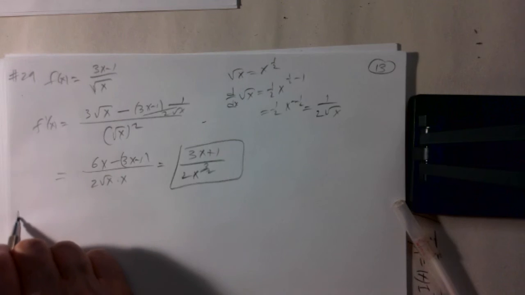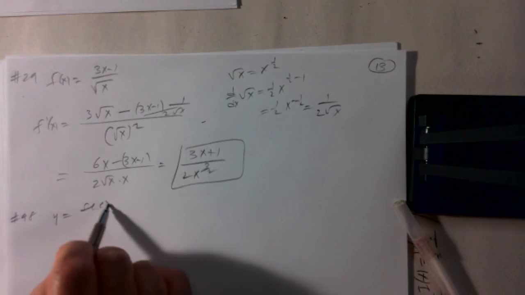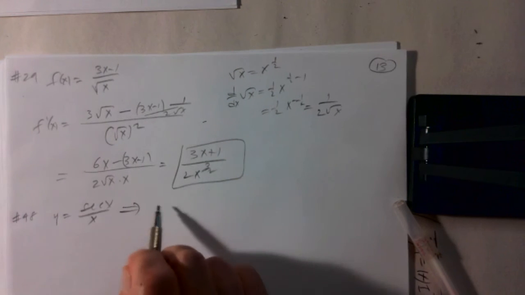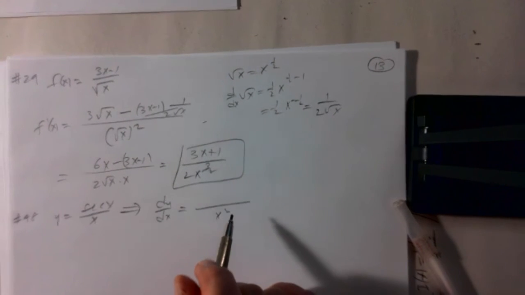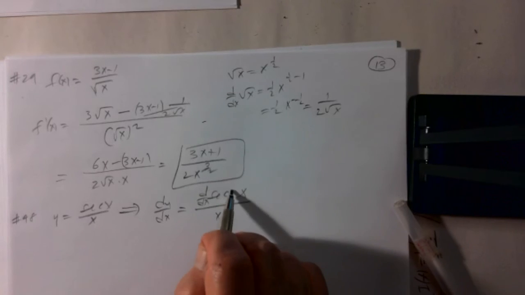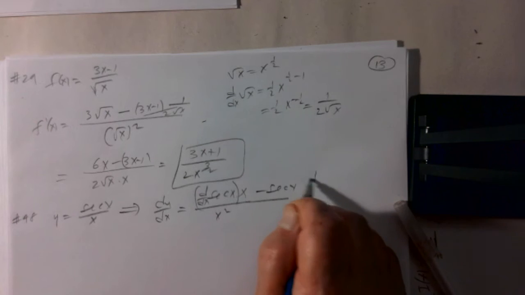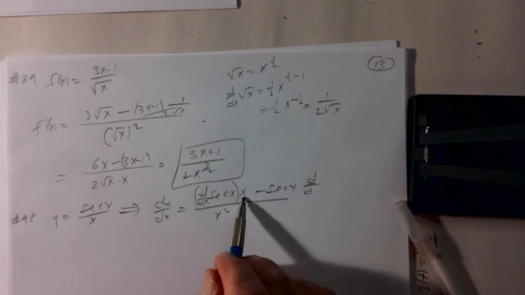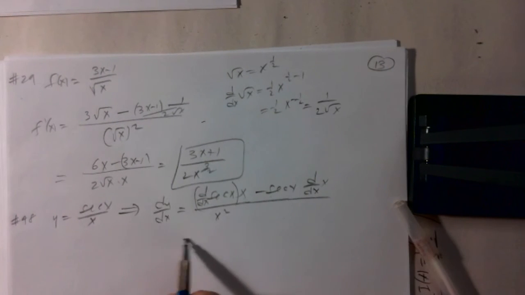Suppose I wanted to do number 48. It's not one of the homework problems, but it looks interesting. y is secant x divided by x. So dy/dx, we have x squared in the denominator. In the numerator, we have the derivative of the secant times the denominator minus the numerator times the derivative of the denominator.